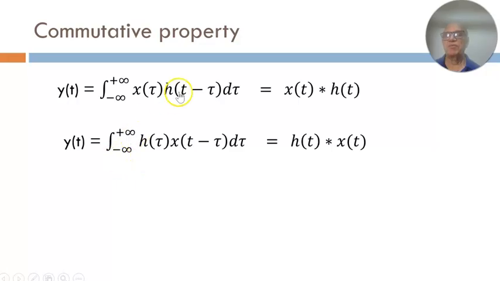But if instead of x(tau), you use h(tau) first and then delay x, then it is written as h(t) convolved with x(t). The commutative property tells us that the order of operation doesn't matter. Whether you take x(t) first or h(t) first, the result is going to be the same. That is the commutative property of the convolution integral.